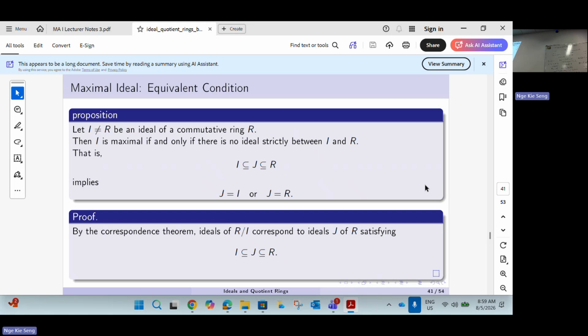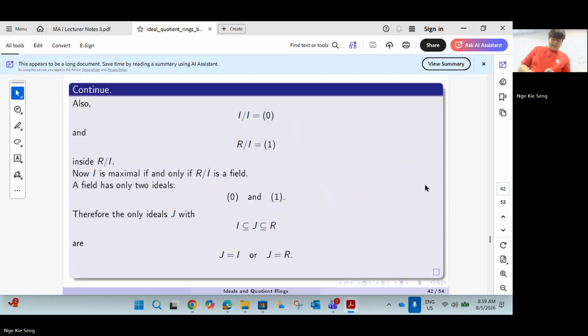This is a very easy thing. And then the proof, we skip this now. I think an important thing is we want to know the field only has two, right?